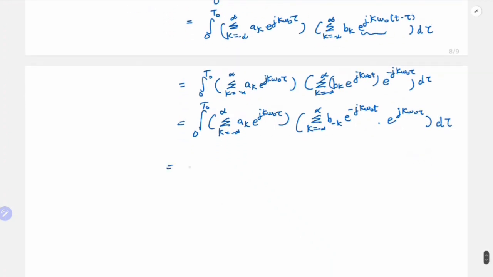So this multiplication we know. We can actually rewrite this as summation k equal to minus infinity to infinity, summation L equal to minus infinity to infinity, AL into B L minus K, right?